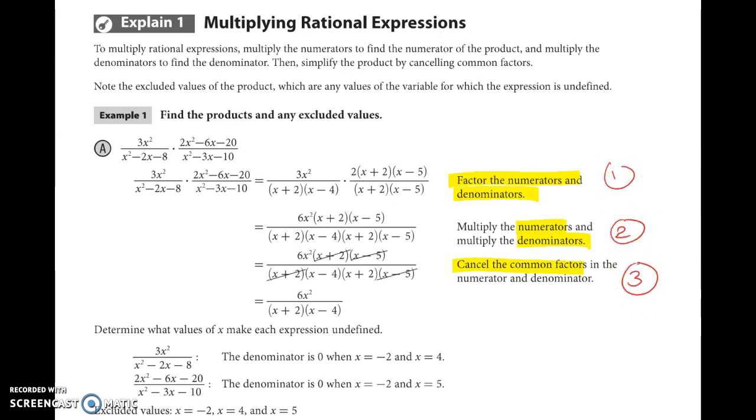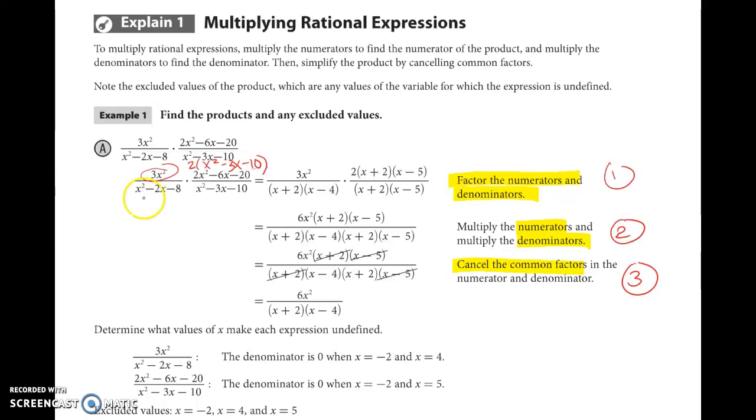So the first one is to factor. Let's factor our numerator. 3x squared cannot be factored. Right here we have 2x squared minus 6x minus 20. So I'm going to take out a 2 and get x squared minus 3x minus 10. And this right here factors to be x plus 2, x minus 5.